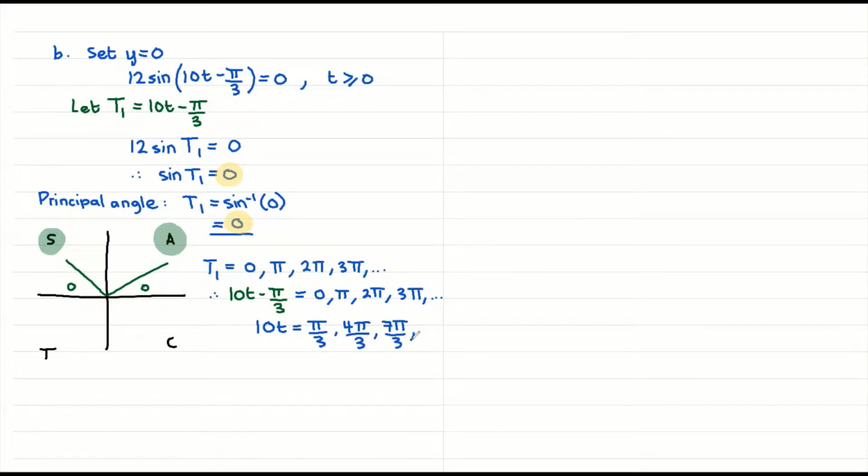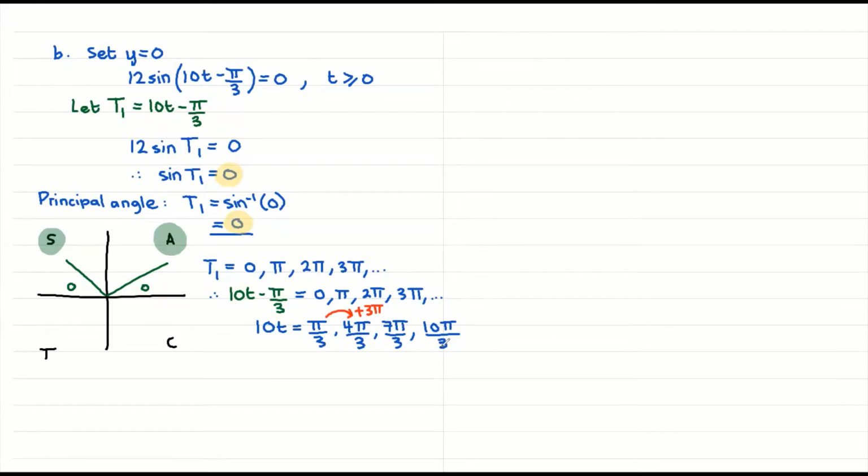I mean, if you don't want to have to work them all out, you notice that we're adding 3 pi over 3 each time. Okay, so then you would get 10 pi over 3. It's not 3 pi in the numerator, I should say. You're adding pi each time because it's 3 pi over 3.